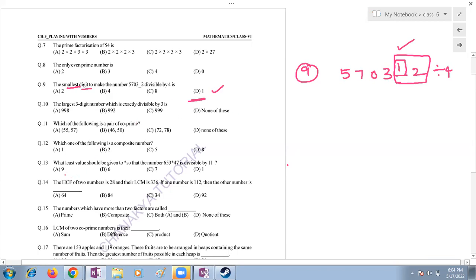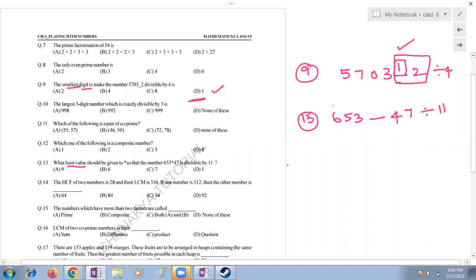Now question number 13, please, Nana. Check whether 6, 5, 3, _, 4 and 7 is divisible by 11 or not. The question asks for the least value. You need to check the condition, whether it is the least value or the greatest value.